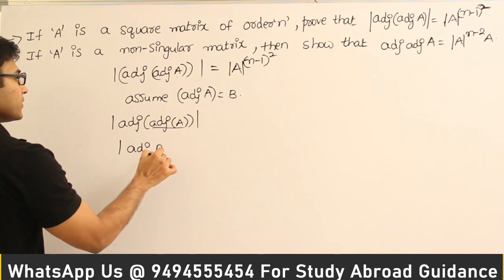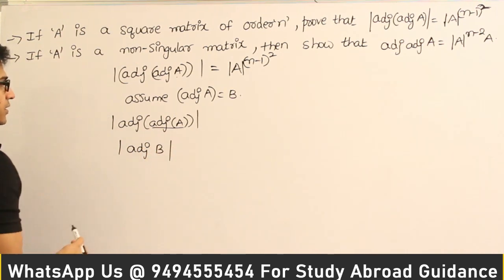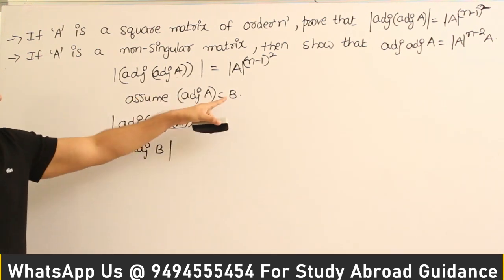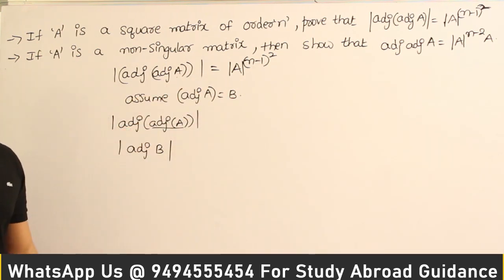Adjoint of B. And since A is an n by n matrix, adjoint of A is also an n by n matrix, therefore adjoint of B is an n by n matrix.